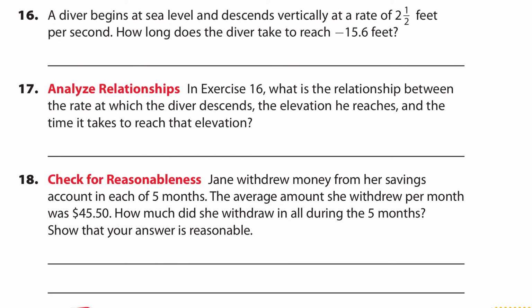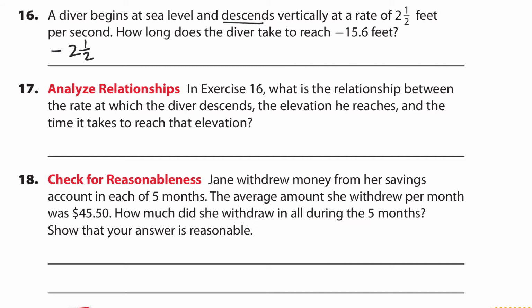And it says here, a diver begins at sea level and descends vertically at a rate of 2.5 feet per second. How long does the diver take to reach negative 15.6 feet? Well, descends means goes down 2.5 feet per second.